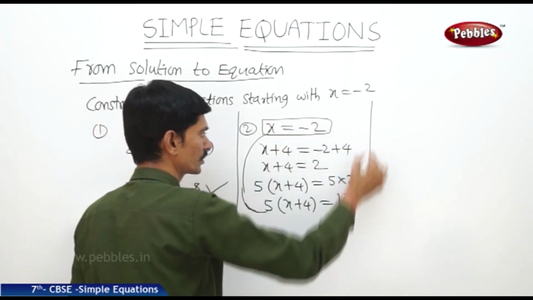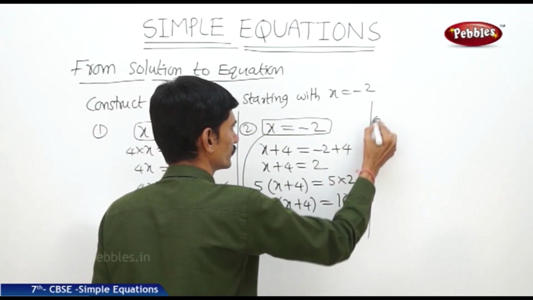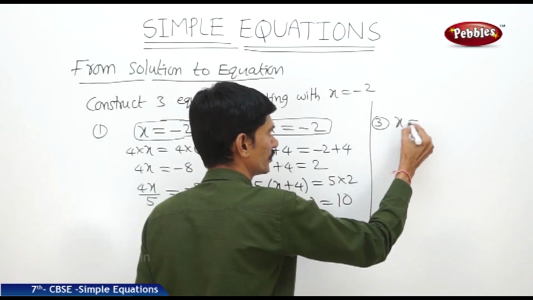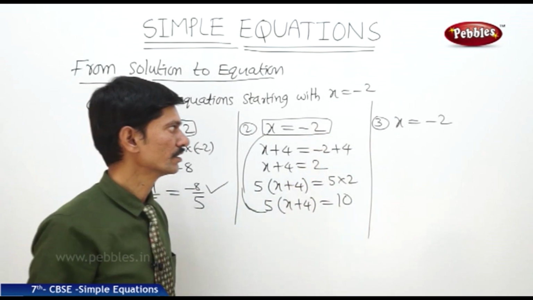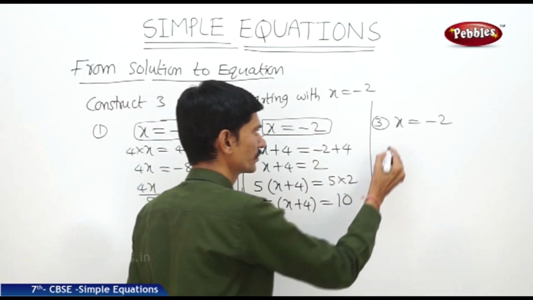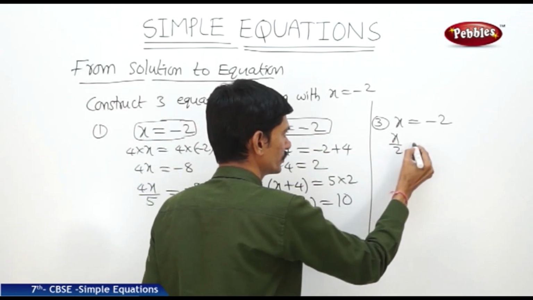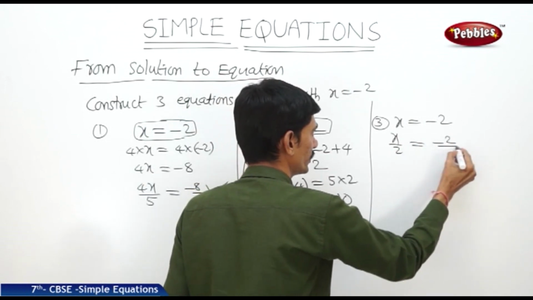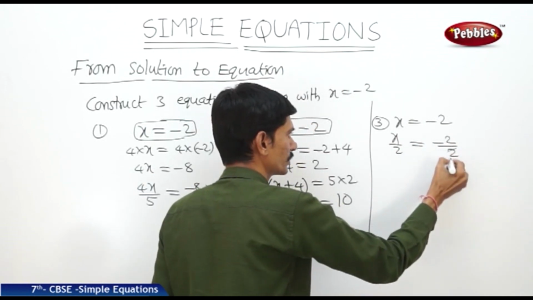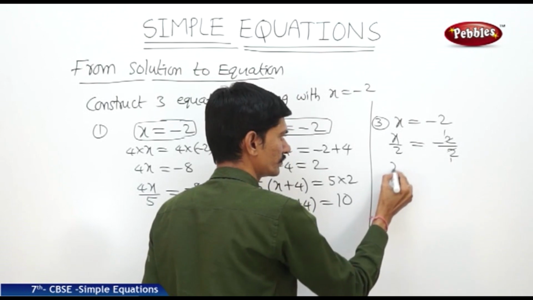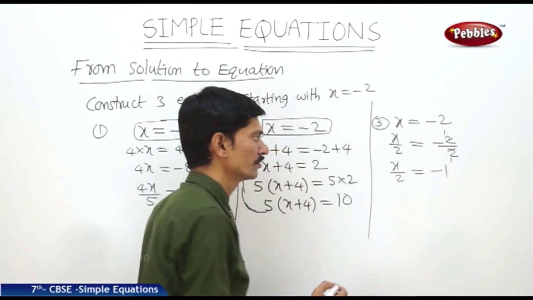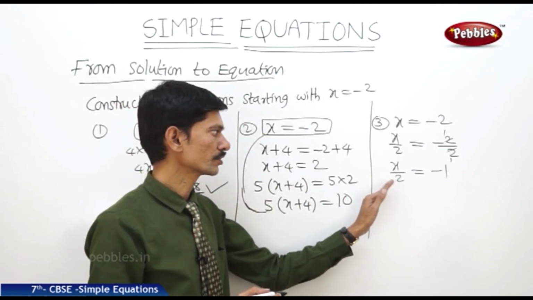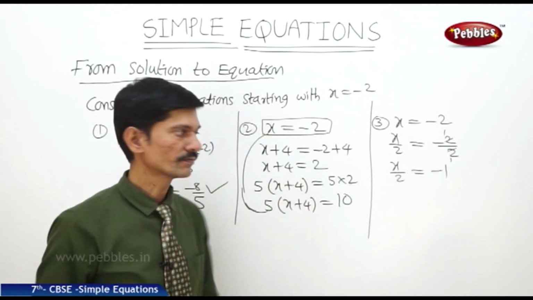Now let us construct another equation with the same solution x equals minus 2. First we will divide both sides by 2. Then we get x by 2 equals minus 2 by 2. So 2 ones are 2 and 2 ones are 2. x by 2 equals minus 1. Now add 5 to both sides of the equation.